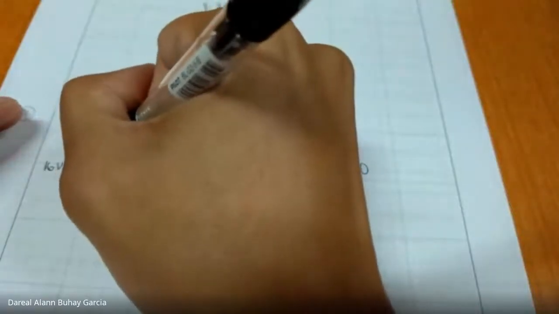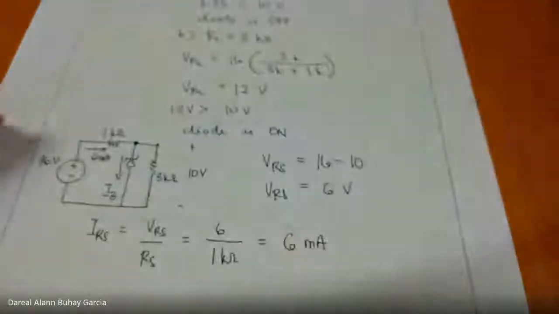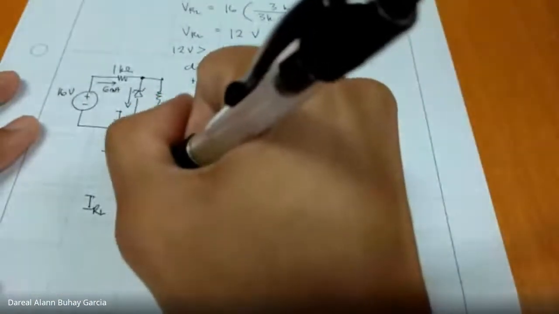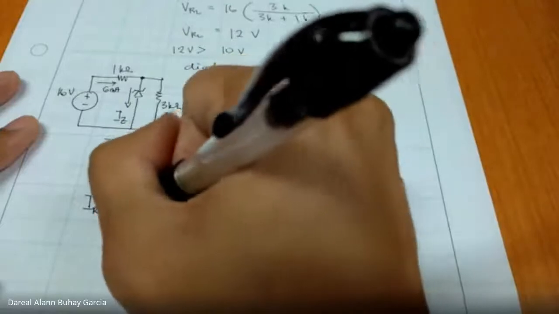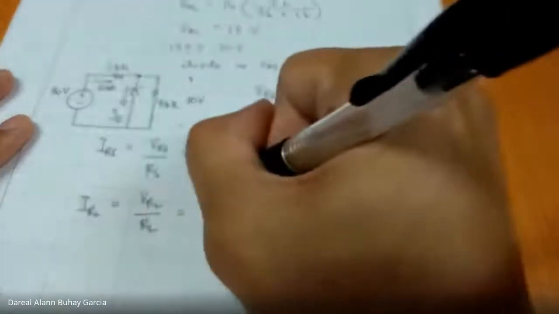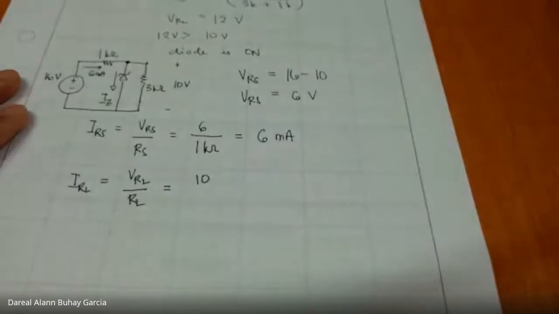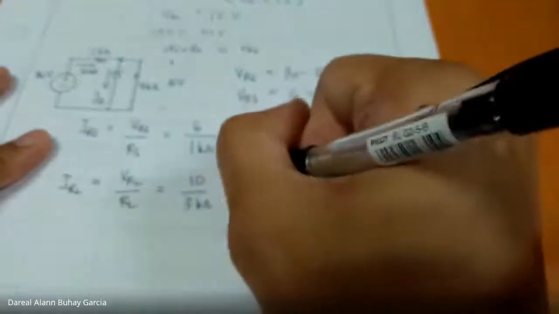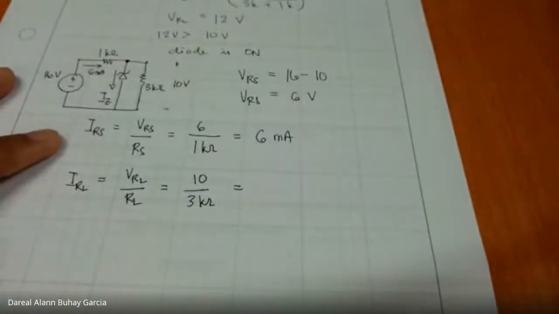No? 6 milliamperes. How about IRL? VRL over RL. VRL is maintained at 10 and RL is 3K. 3.33 milliamperes. Okay.